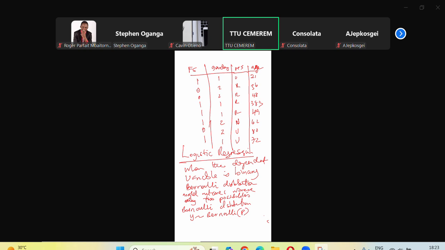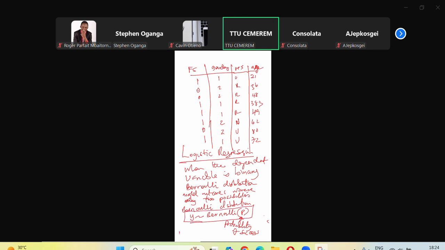All probability distributions are usually governed by some parameters, some unknown things. Is that okay? Yes. So Bernoulli distribution has one parameter only, which is the P, which is the probability of success. Is that okay? Yes. So this is the short form for the Bernoulli distribution.